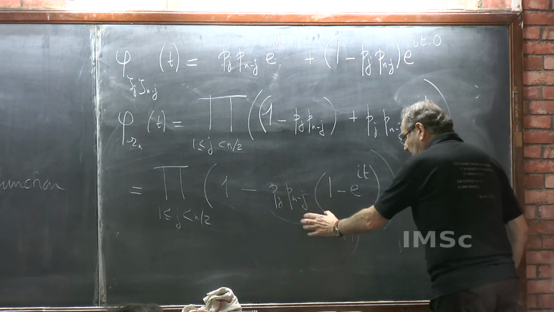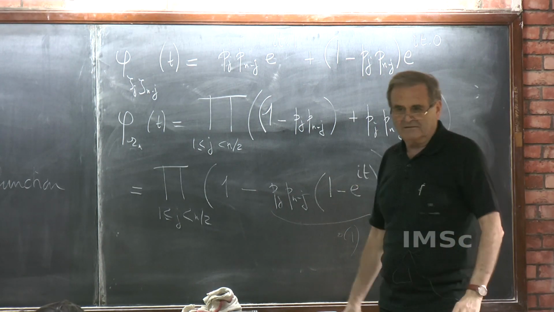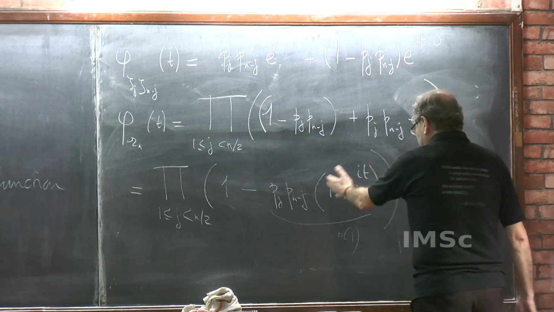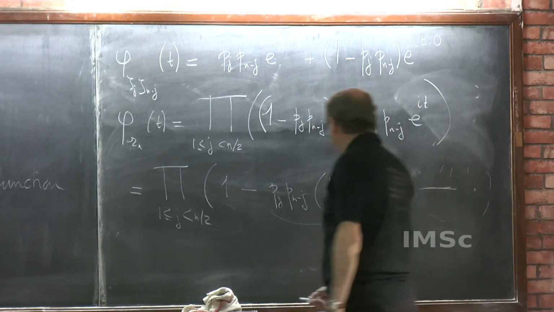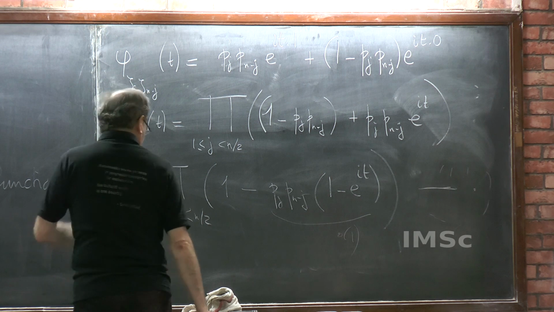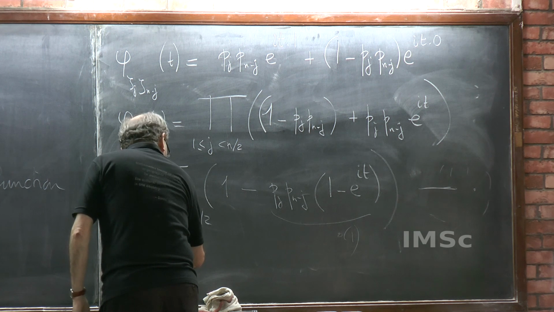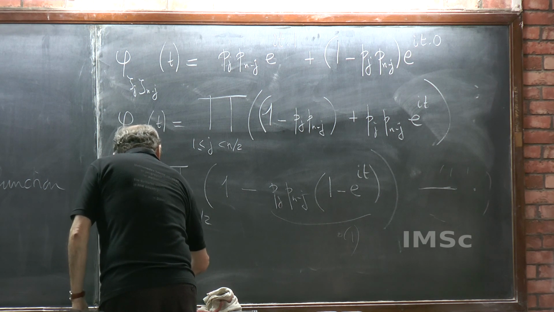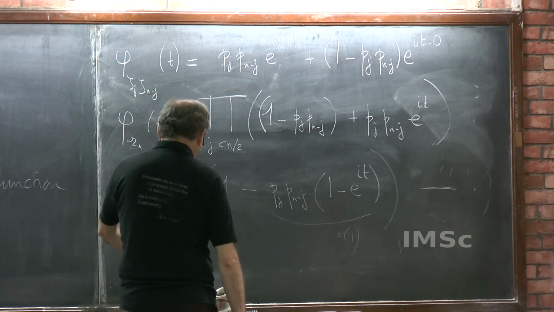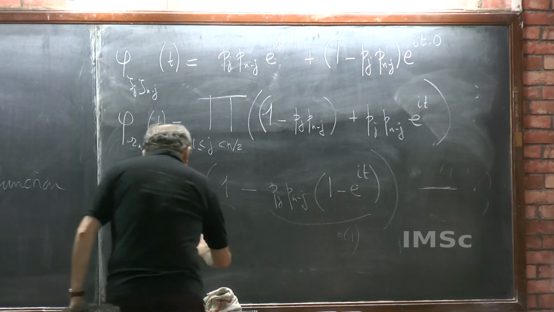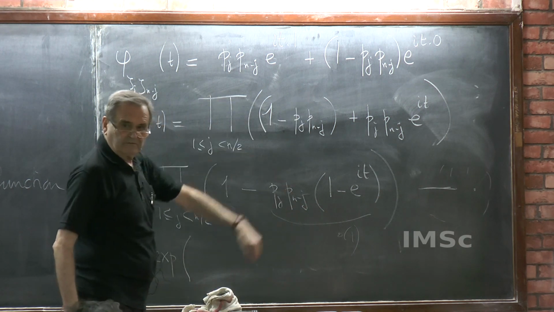If you don't like it, then you go to generating functions, and then you are happy because the values are just integrals. But if you don't want to go to generating functions, then you can say that this is essentially the same thing as the exponential of the log. I take the log, and the log gives me a sum, which is just minus that plus little o of 1.